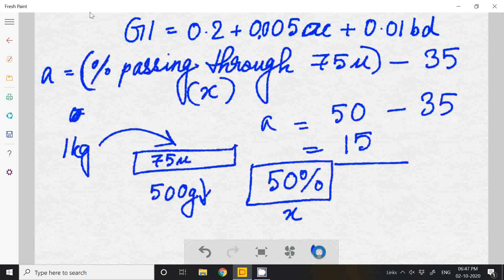That is the actual meaning of A. A is related to percentage passing through 75 micron, but it is not exactly that percentage. We subtract 35 from it, and whatever is remaining is A.